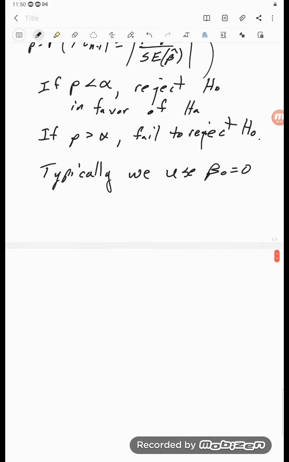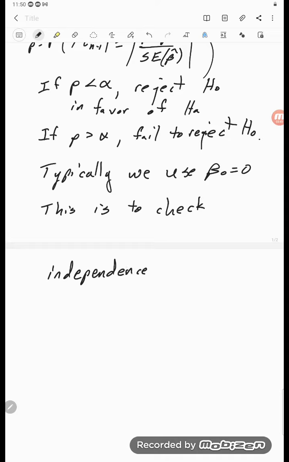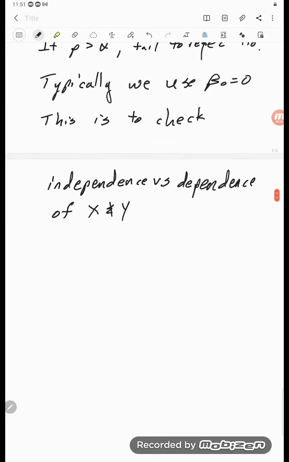And the reason for that is, this is to check independence versus dependence of our variables x and y. Because typically that's what we're interested in. Is there a dependence or not? And then if there is a dependence, what's that model? And so we would want to know what our b hat would be.